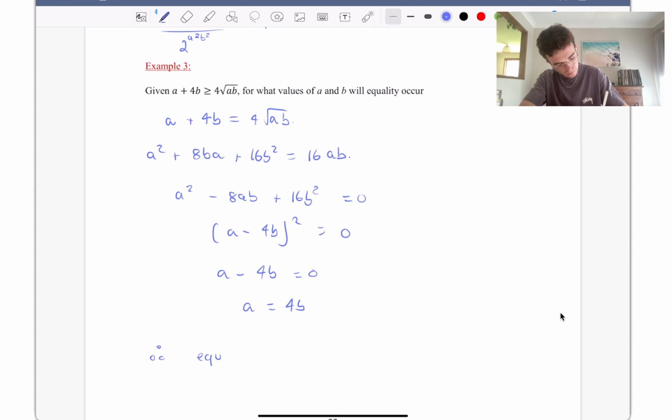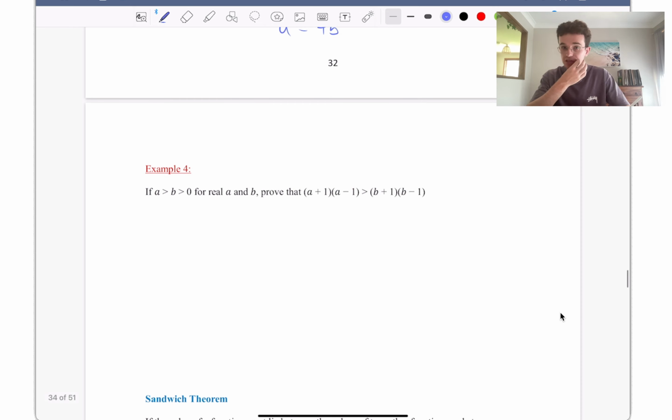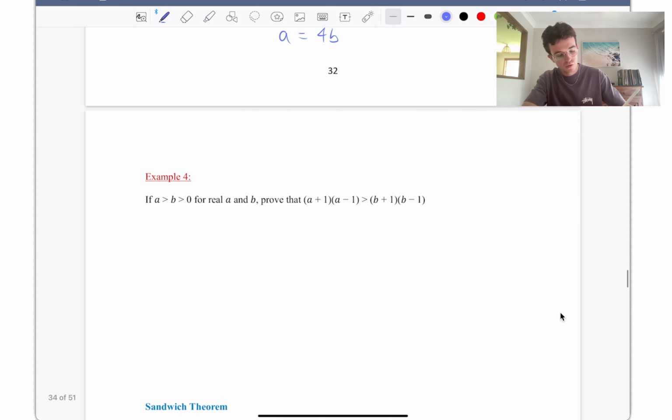Okay, example 4. We've got, if a is greater than b is greater than 0 for real a and b, prove that (a plus 1)(a minus 1) is greater than (b plus 1)(b minus 1). Again, the best way to prove something like this is to prove that the left-hand side minus the right-hand side is, in this case, greater than 0.